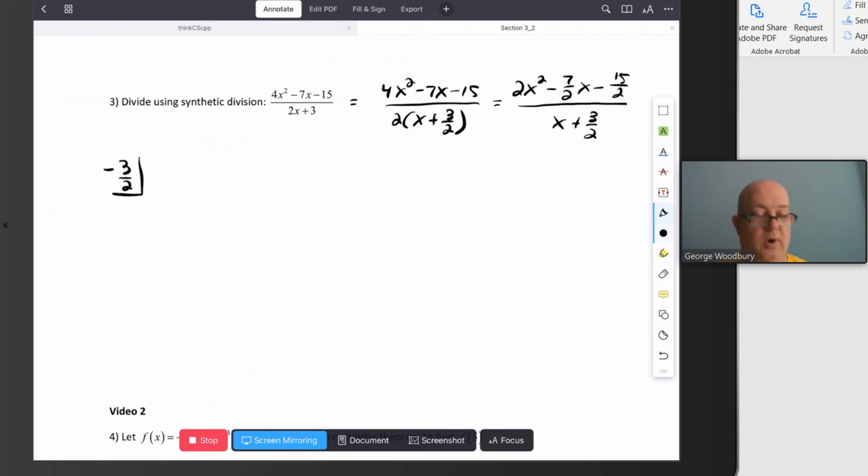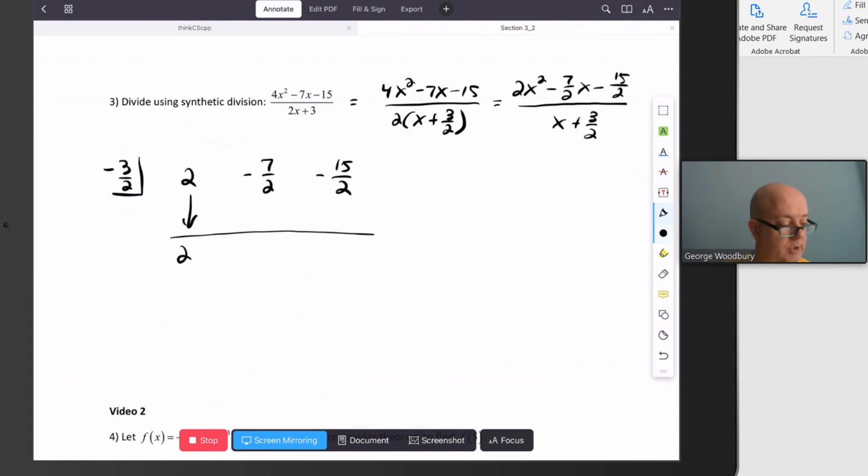-3 halves is going to go up on top in that box. The coefficients starting with x squared: 2, -7 halves, and -15 halves. Bring down the 2. -3 halves times 2.